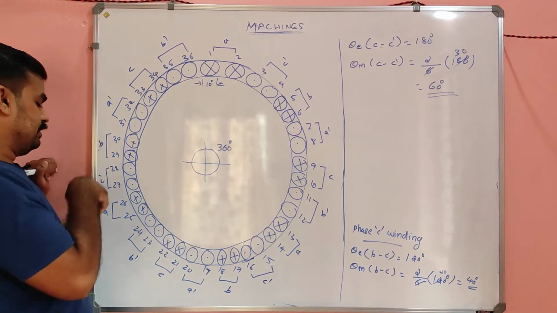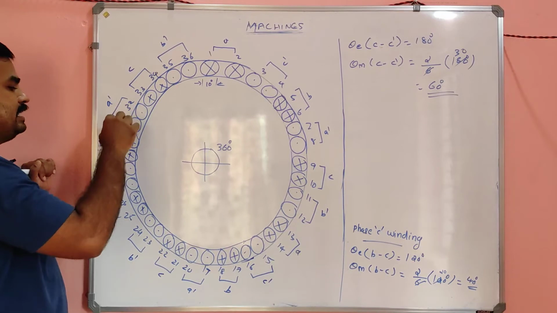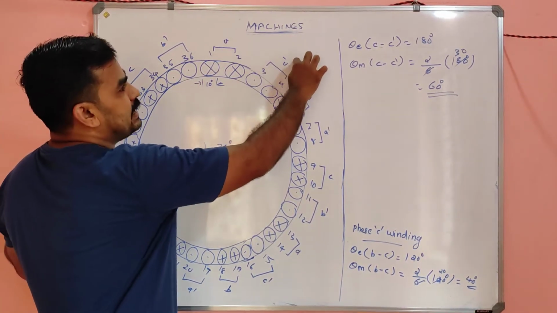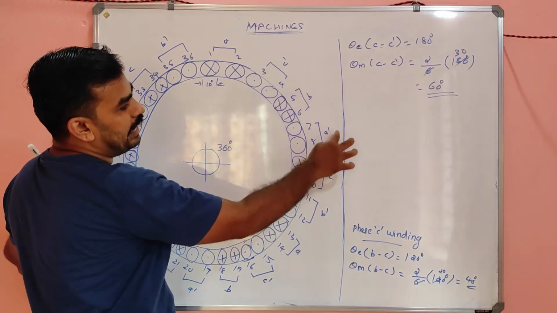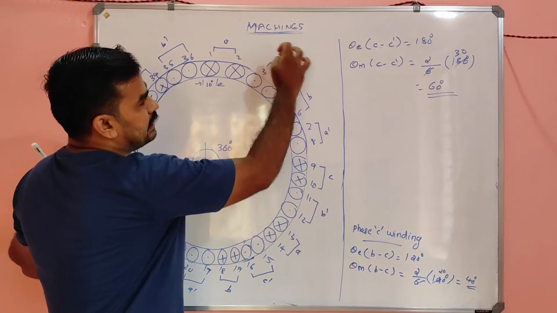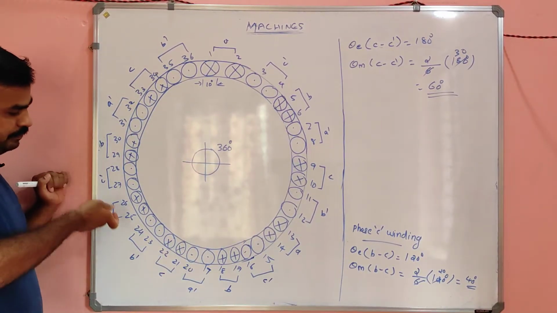Again phase A starts. That means see, A, C dash, B, A dash. Okay, A, C dash, B, A dash, like this arrangement will go on.